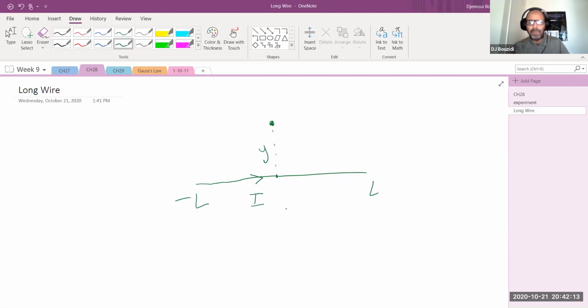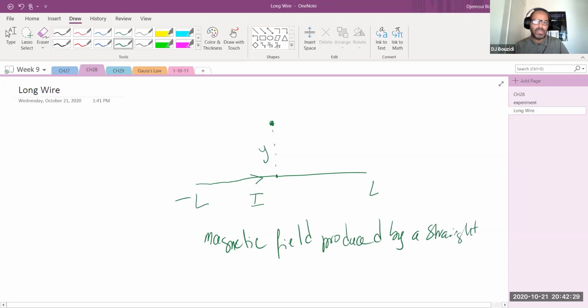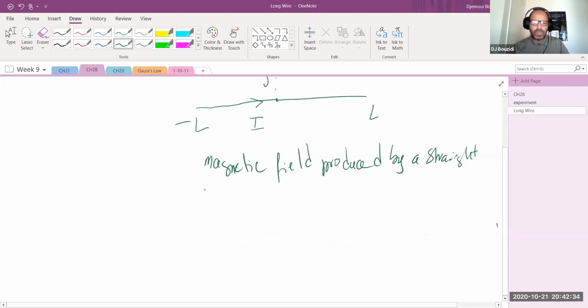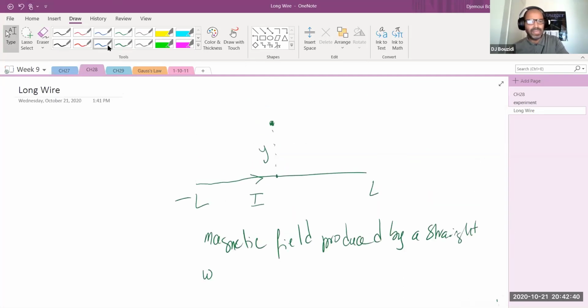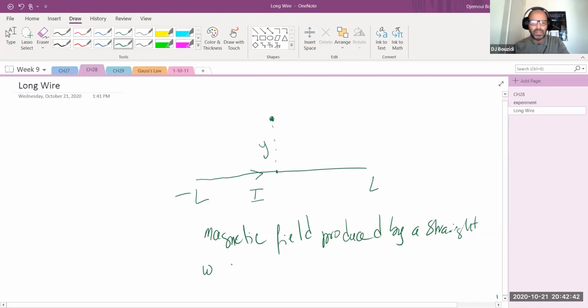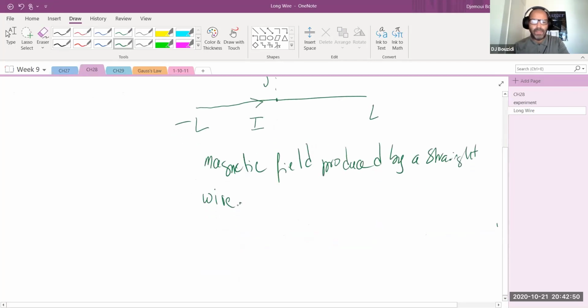So, magnetic field produced by a straight wire, to make the calculation easier, because then the integration is, instead of being in space, simply in 1D. Straight wire of length 2L.